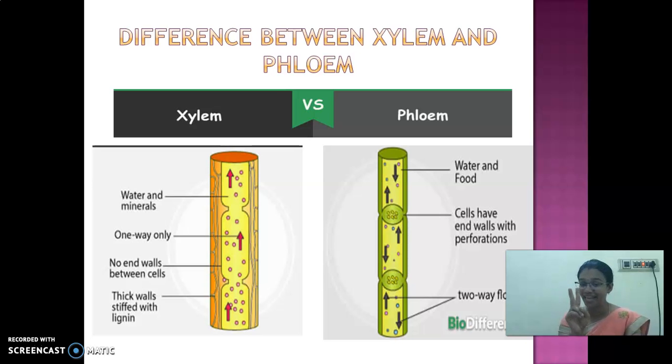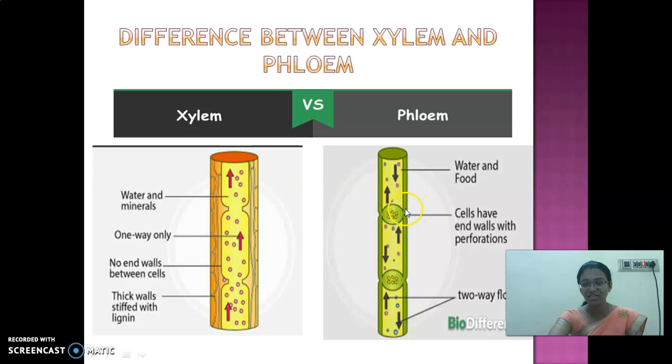And then the second point. In xylem, transport is only one way, either upside or downside. But in phloem, it can flow in two ways, both up and down. Xylem, only one way transport. Phloem, two way transport. And then the third one, end walls between the cells.